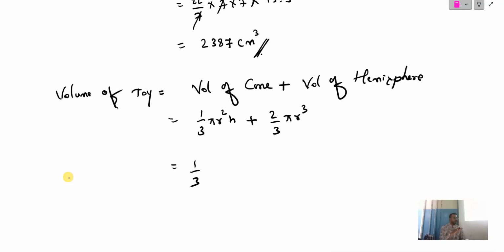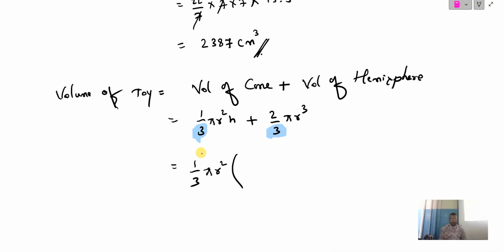Now 1 by 3 into 22 by 7 into what is the radius? Radius of cone is 3.5, right? We have done this in the second object. The radius of the hemisphere is 3.5.